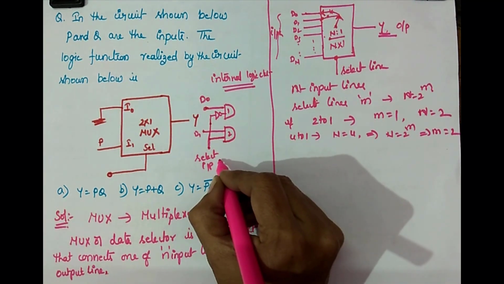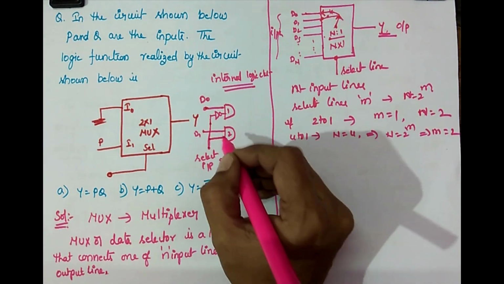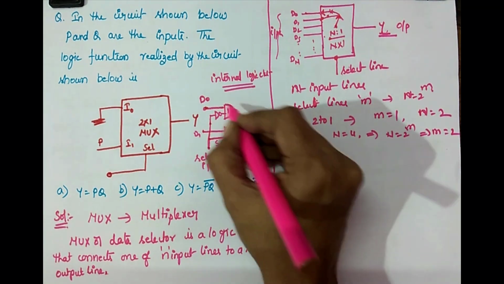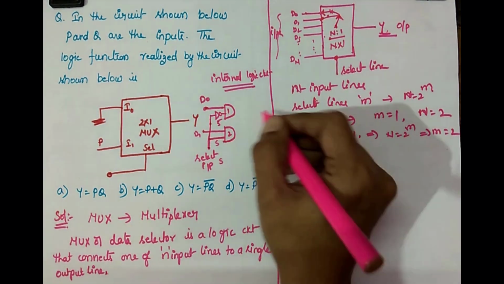So if the select input is represented by S, then for AND gate 2, the inputs are D1 and S, and for AND gate 1, the inputs are D0 and S bar.